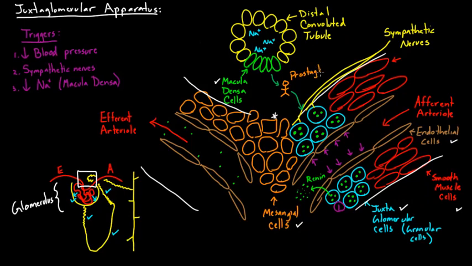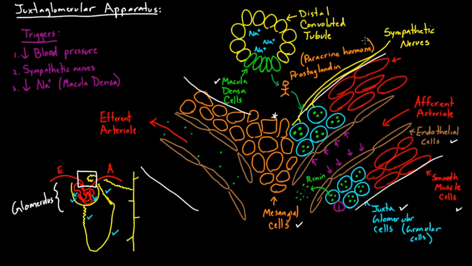It's a local messenger, meaning that it really doesn't act far, far away from these two cells. It just acts locally. So this local hormone, sometimes called a paracrine hormone, I'll write that here, paracrine hormone, is going to send the signal from the macula densa cells over to the juxtaglomerular cells to say, hey, here's a trigger. We sensed low sodium, and we think it's because the pressure is too low. Why don't you go and do something about it?